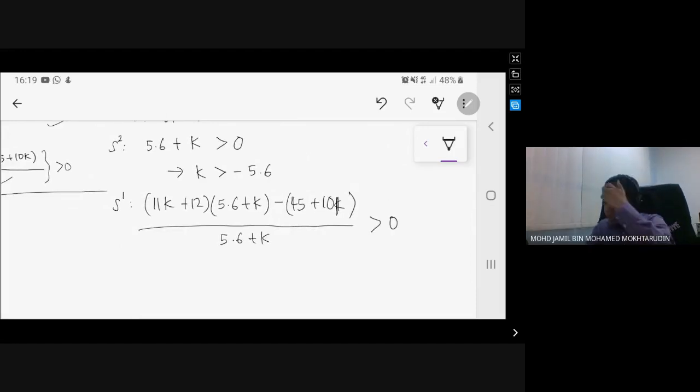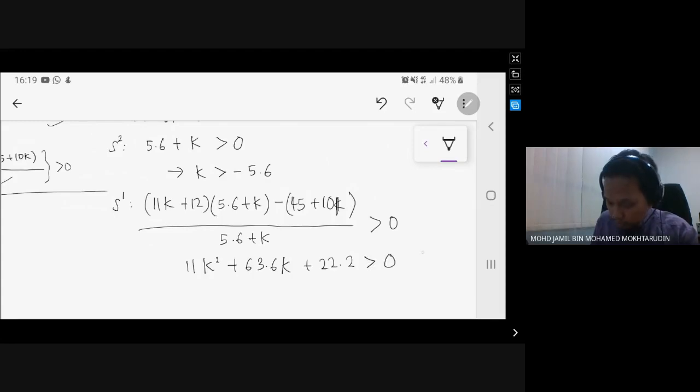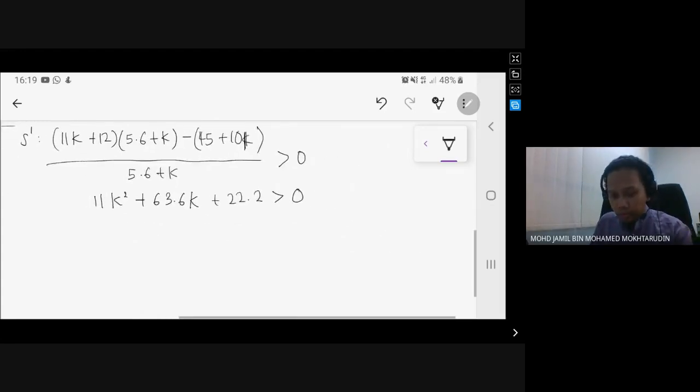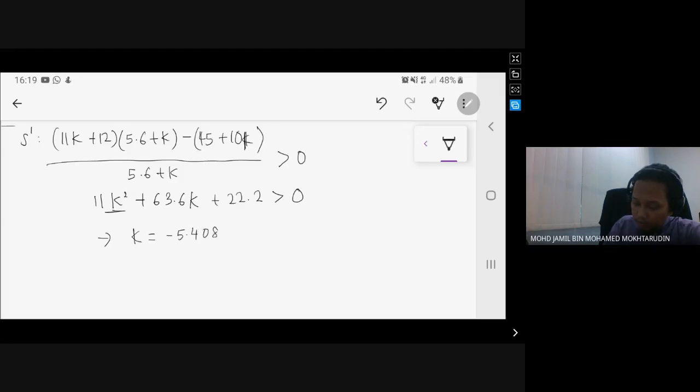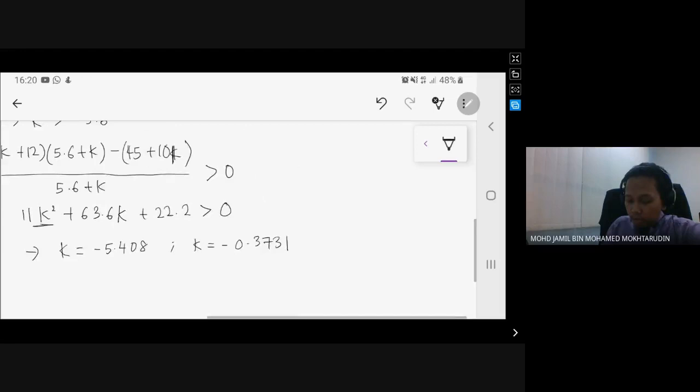Simplified, you will get 11K squared plus 63.6K plus 22.2 bigger than 0. You can use the quadratic formula or your calculator because this is power of 2. So you will get two values of K. The first K is minus 5.408, and another one is K equals minus 0.3731.